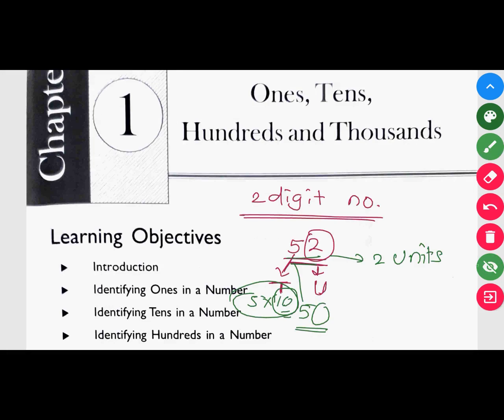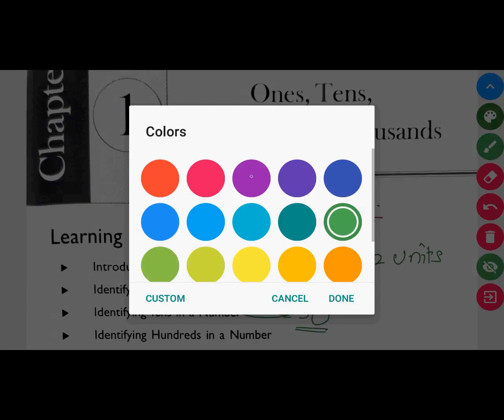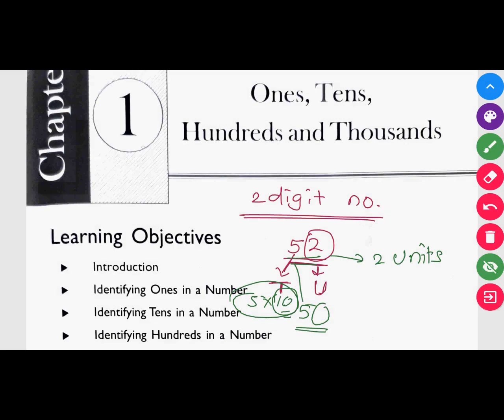Now if we move ahead to hundreds, we'll consider a three digit number. Our three digit number is 623, for example. Or in this 52, if we add a 6 at the hundreds place, how many hundreds are there in the number 652 or 623?